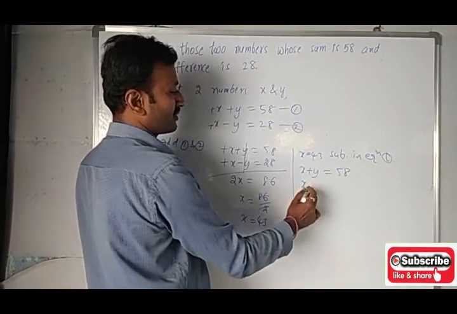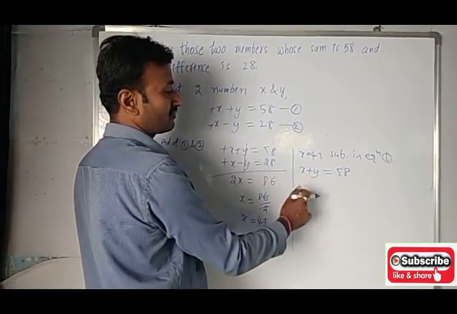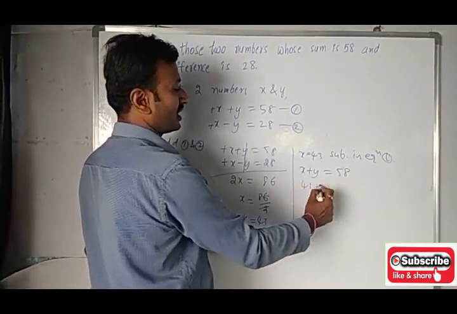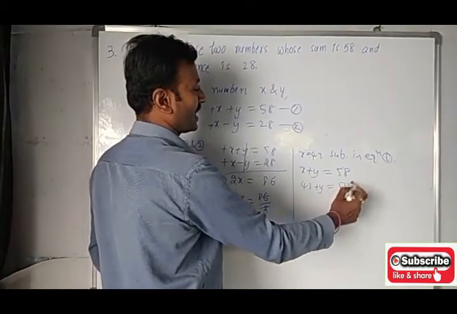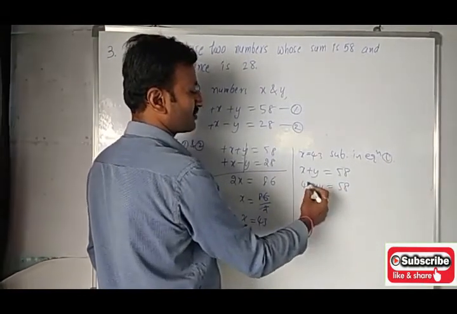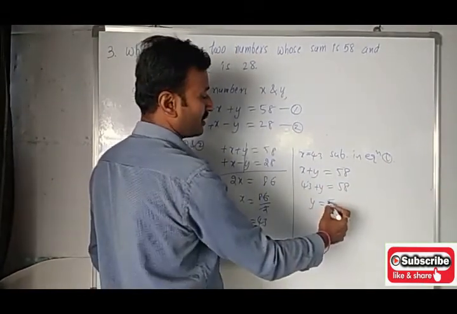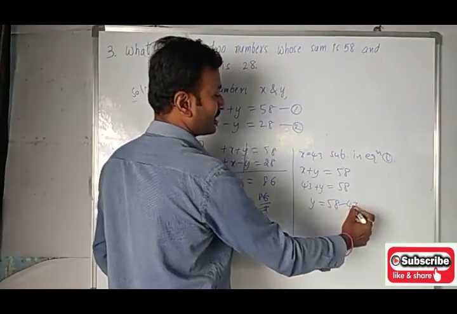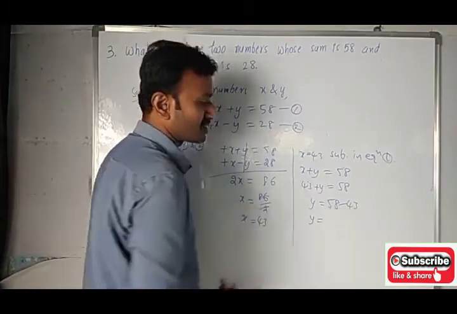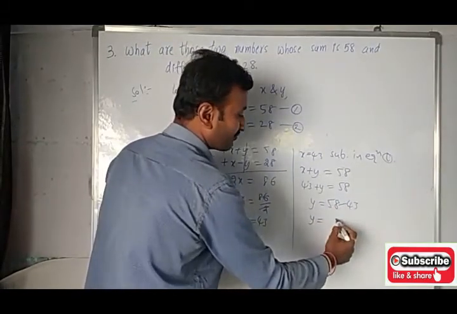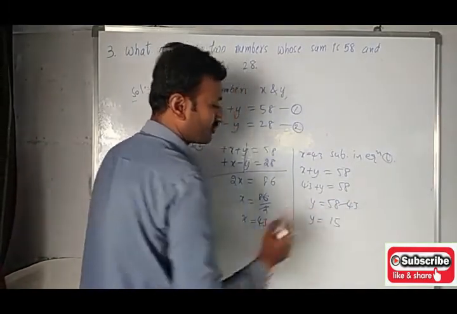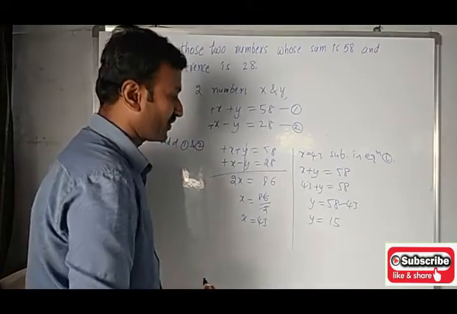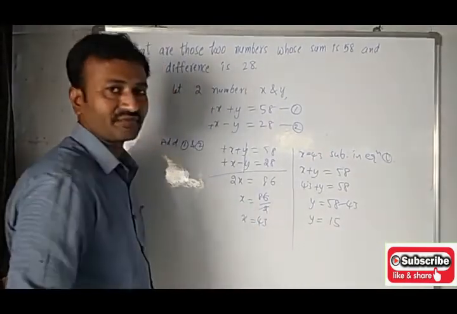X plus, in the place of x what do we have to write? 43. So 43 plus y is equal to 58. Y is equal to 58 minus 43, transposing to that side. Here 8 minus 3, 5. 5 minus 4, 1. So y is equal to 15. So x and y we got.